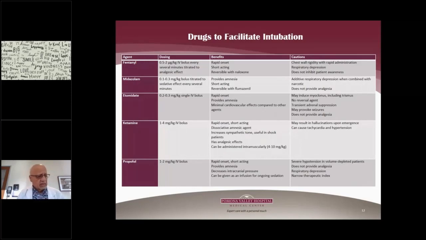The other controversy has been whether we should use lidocaine or not. Currently, we are recommending the use of lidocaine, though some studies have shown it doesn't make a difference. But the benefit of using lidocaine is that there is a laryngeal cerebral reflex, which indirectly raises the intracranial pressure during the process of intubation, especially in a brain injured individual.